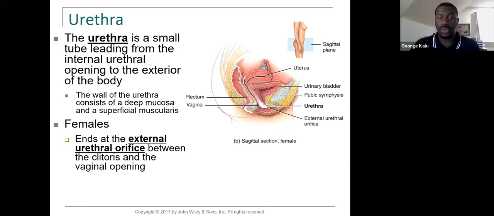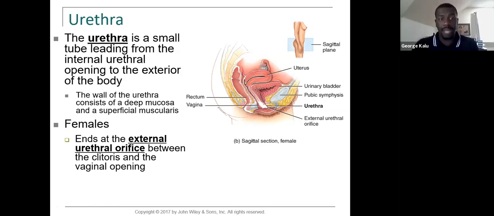It ends at the external urethral orifice, which sits between the clitoris and the vaginal opening. That is where the pee exits the body in females.